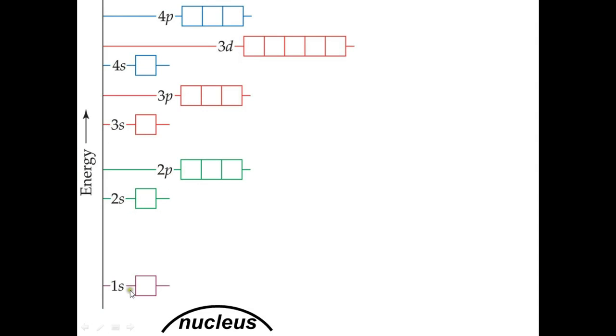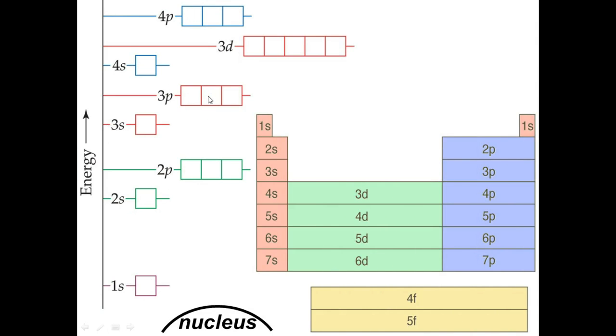So these are different energy levels. And the periodic table shows us the different energy levels, where you can find them. So first, let's explain the rules before we start.